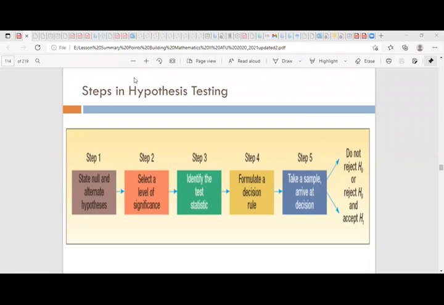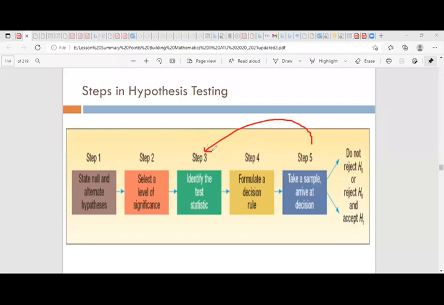So basically, there are 5 clear steps before we arrive at a decision. But in computation, usually we do step 5 and step 3 together.